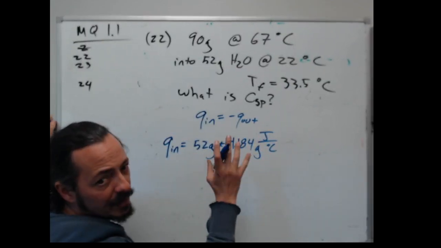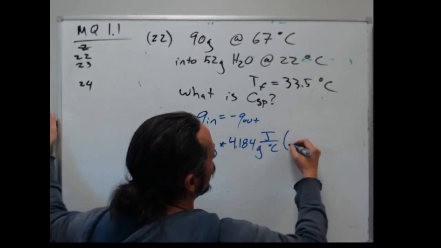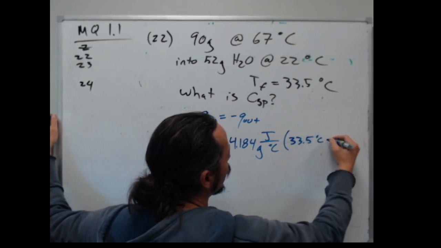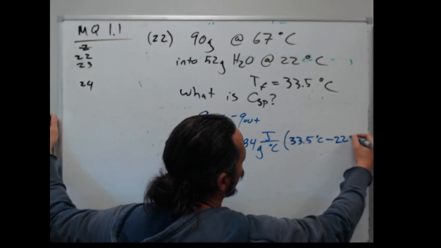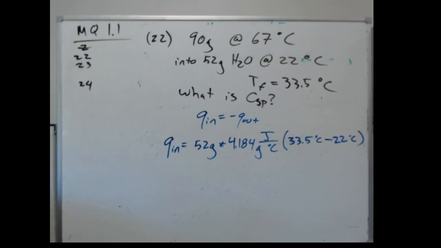You also see it per Kelvin sometimes because the delta T works out. And our delta T is going to be T final of 33.5 degrees Celsius minus our initial temperature of 22 degrees Celsius. Final minus initial. That will get us the amount of energy that is going into the water, leaving the hot metal.